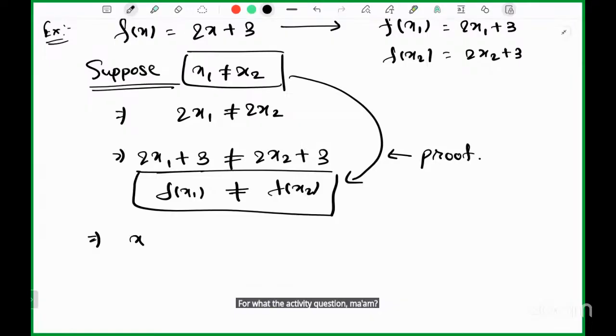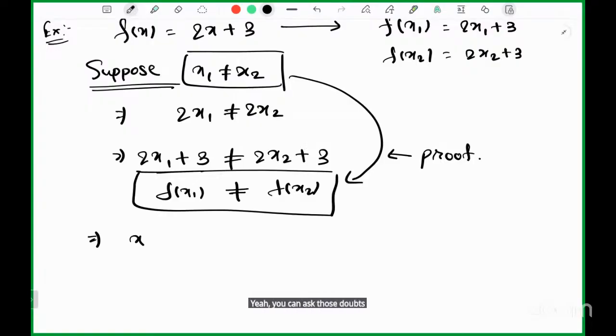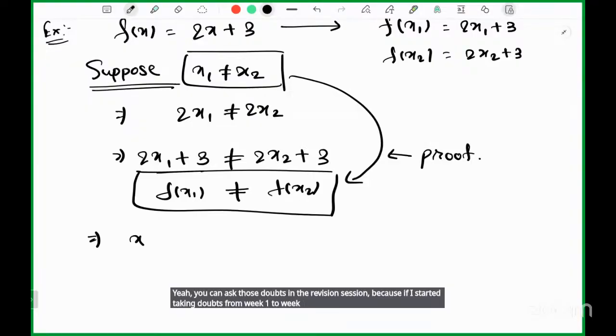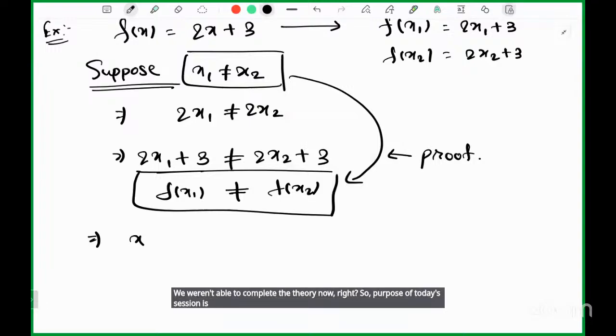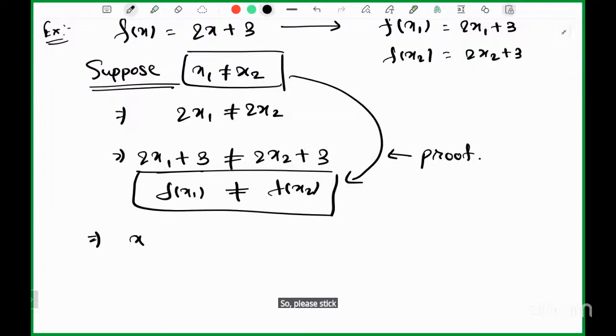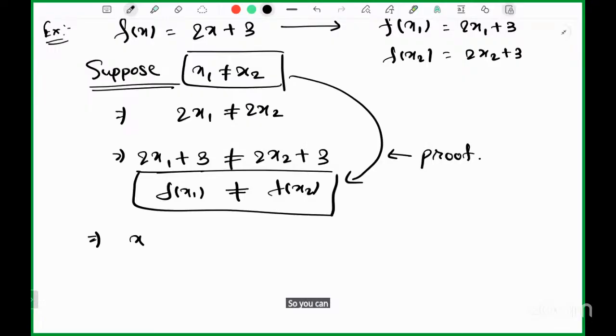Yeah, so whatever doubts you have from week 1 to 4, you can ask in the revision session, because if I started taking doubts from week 1 to week 4, we can't complete the theory now, right? So the purpose of today's session is week 5 theory. So please stick to that. If you have doubts, you can ask in the revision session, or else you can also ask in the TA sessions. Also, I think if you have doubt from activity, then TA may have covered those doubts in the previous sessions. So you can go and check the recordings.